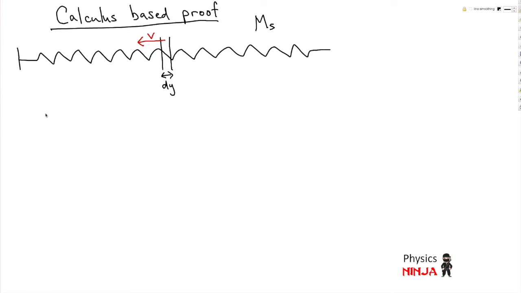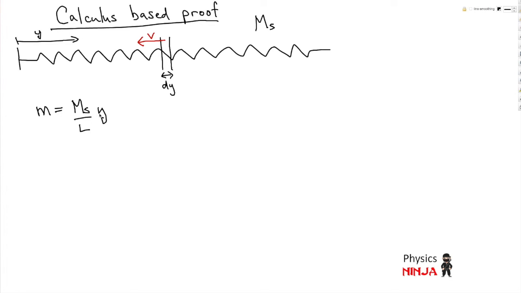Okay, the first thing we're going to notice is the mass is uniformly distributed across the spring. Therefore, the mass can be written as ms divided by the length and times some distance y, where the distance y is measured from the end of the spring here.